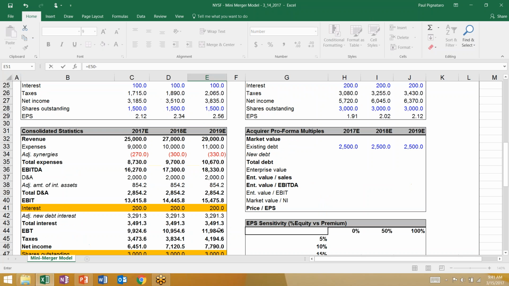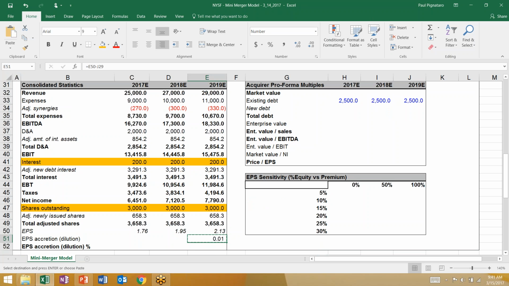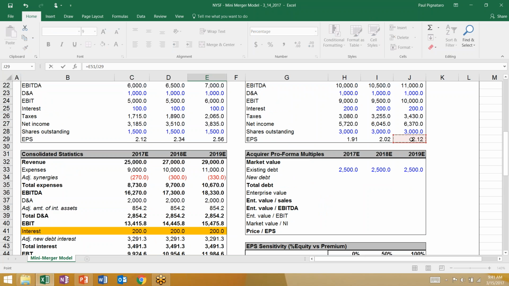So 213, it was 212, so it moved by 1 penny. So it was actually dilutive, and then slowly became, I'll call that break even. And you can calculate the percentage too by taking that divided by the original.